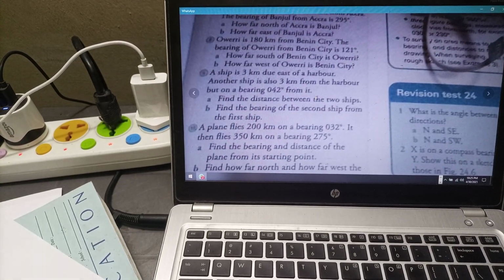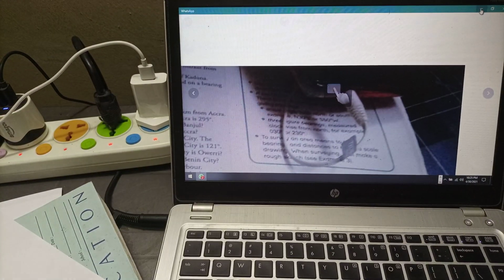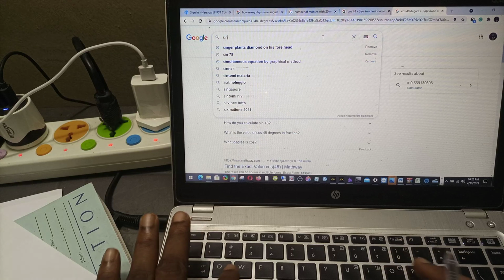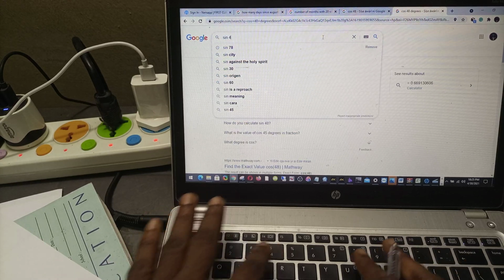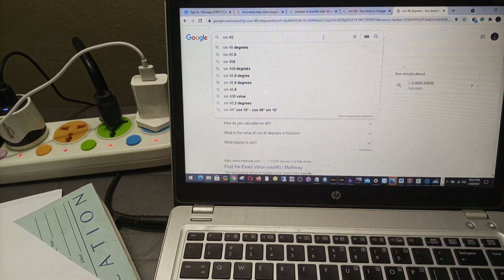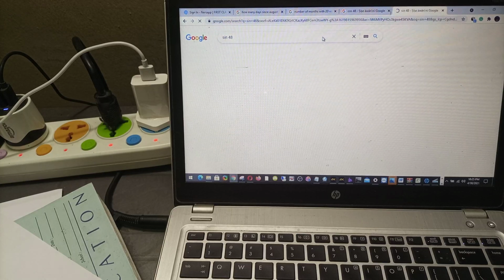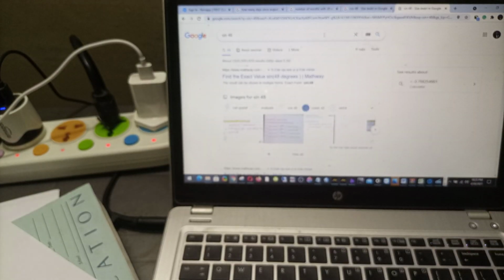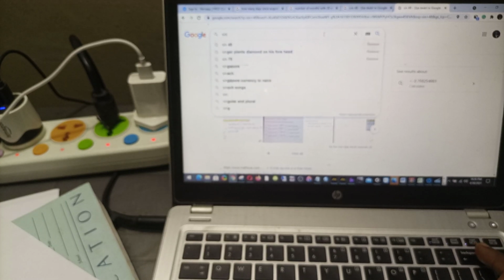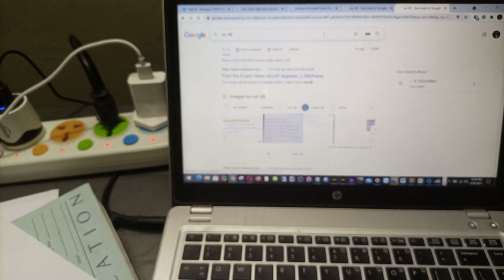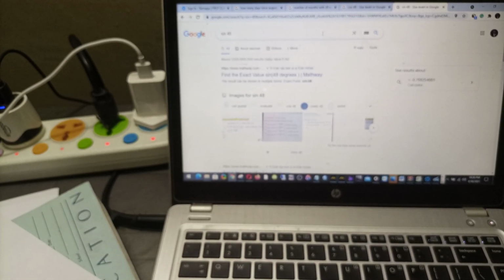So I should do sine 48 degrees, and there you go, that's it there. So sine 48 is 0.7431.